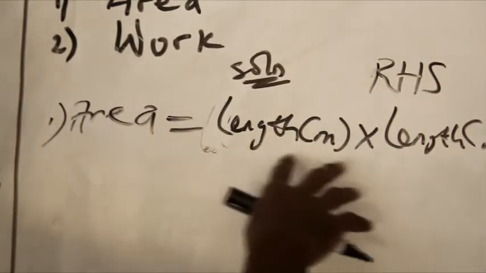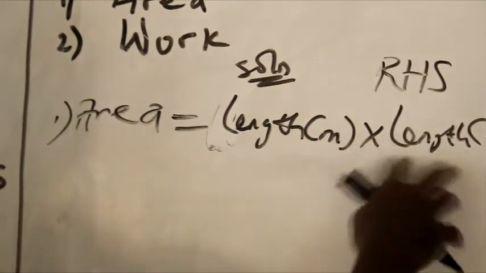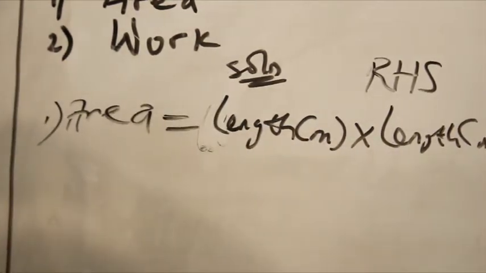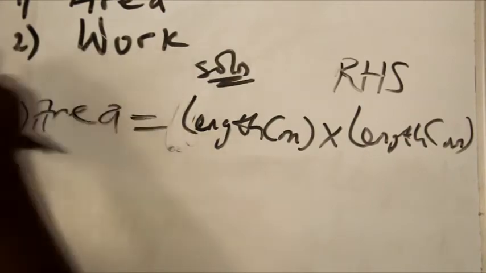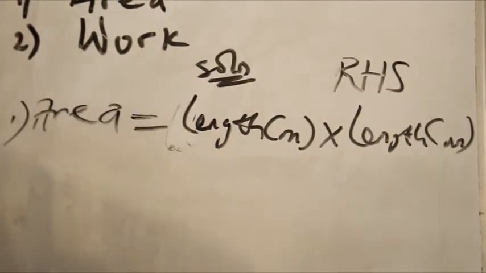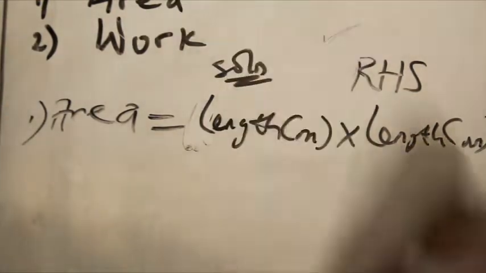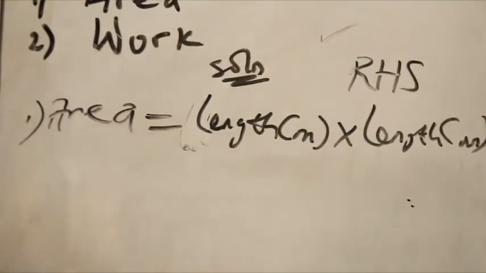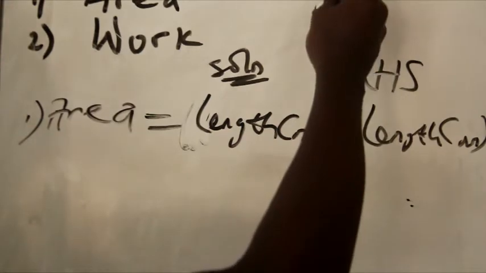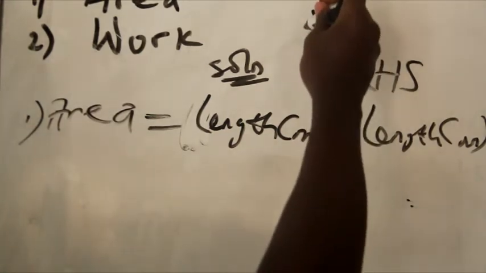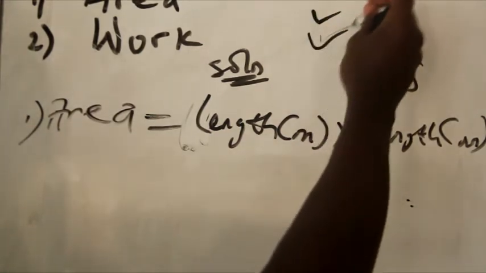So for area, both of them are already fundamental quantities. We'll appreciate this particular thing more when we are dealing with work. So let us assume the second step is ticked. The first step was to get the formula, ticked. The second step, make sure they are all fundamental quantities, ticked.